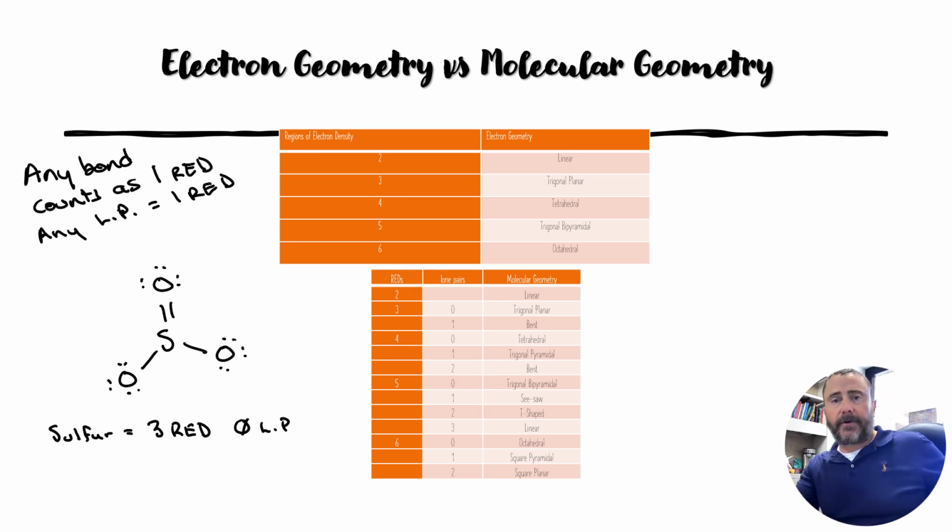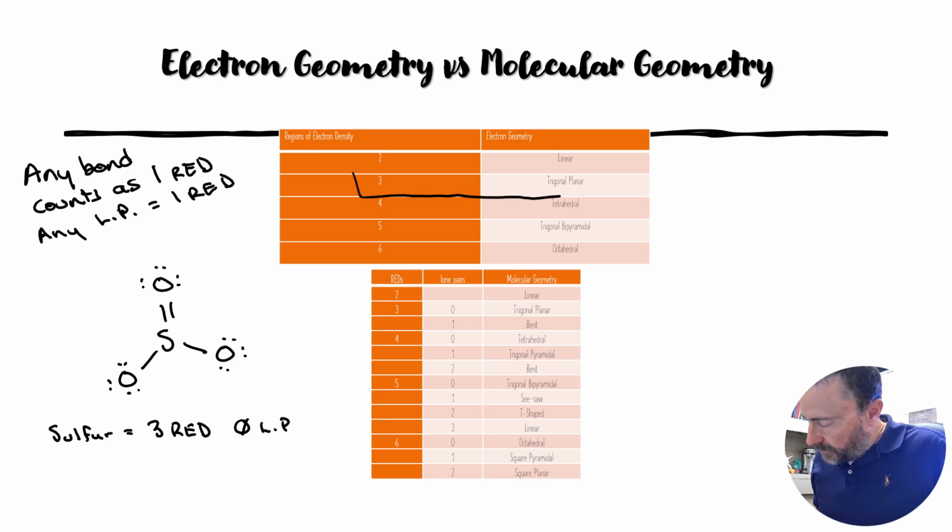Okay, so sulfur in this case has 3 regions of electron density. It's got a double bond and 2 single bonds. That's 3 regions of electron density. None of them are lone pairs. So if I want the electron geometry, there are 3 regions of electron density.